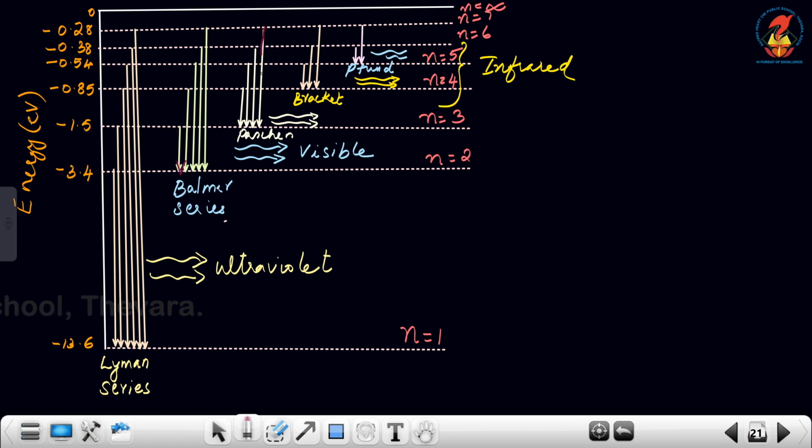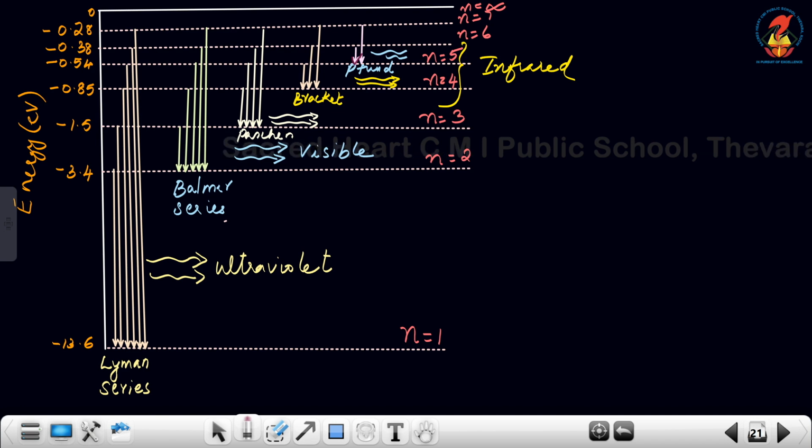And if the excited electron is jumping from a higher energy state to the n is equal to 3 state, or third level, we have the Paschen series. If it is jumping from the higher states to the fourth state, then we have the Brackett series, and finally we have the Pfund series if the excited electron is jumping from a higher energy state to the n is equal to 5th level.